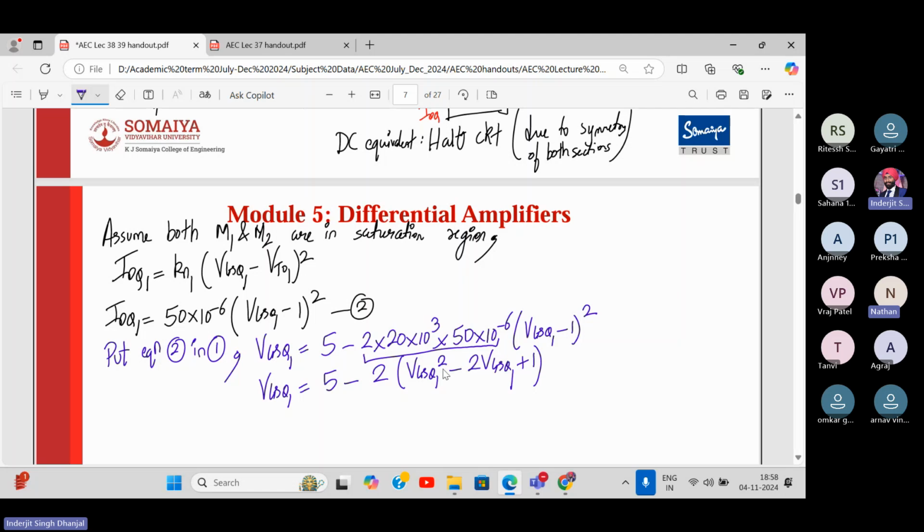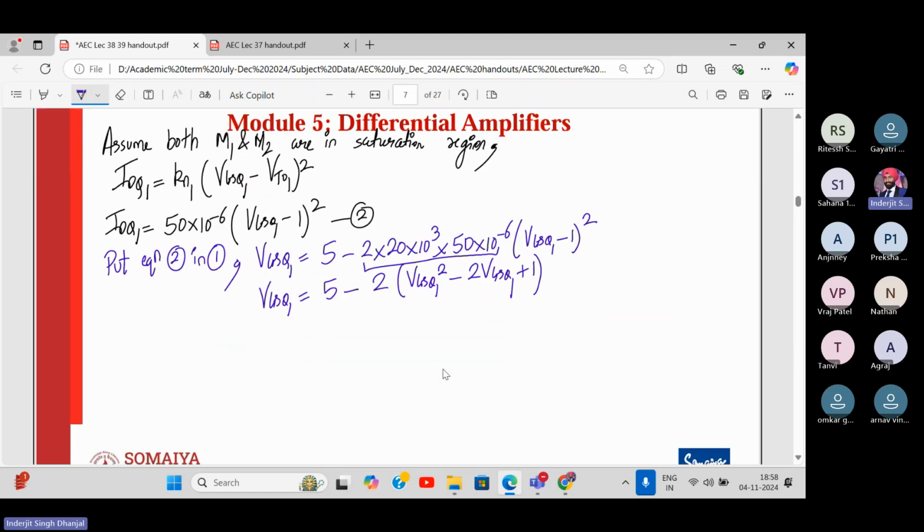Yes, it's 2. Now it's just a matter of quadratic equations. So twice VGSQ1, I'm skipping one step over here, minus 3 VGSQ1 minus 3 is equal to 0. You can cross check it. Now solve this quadratic. You will get 2 values of VGSQ1, out of which only one will be correct.